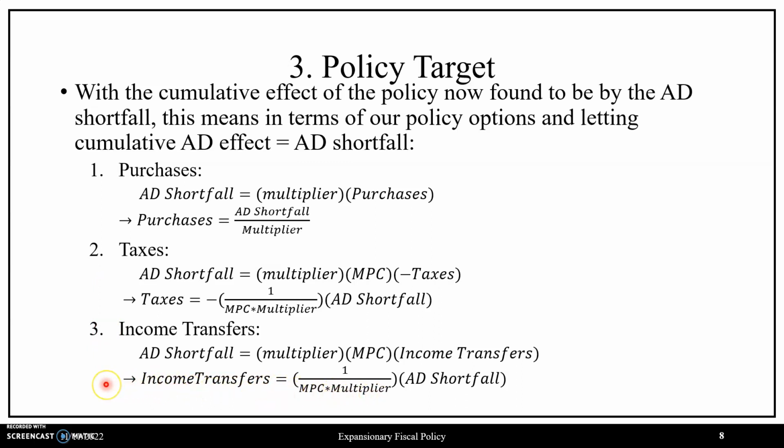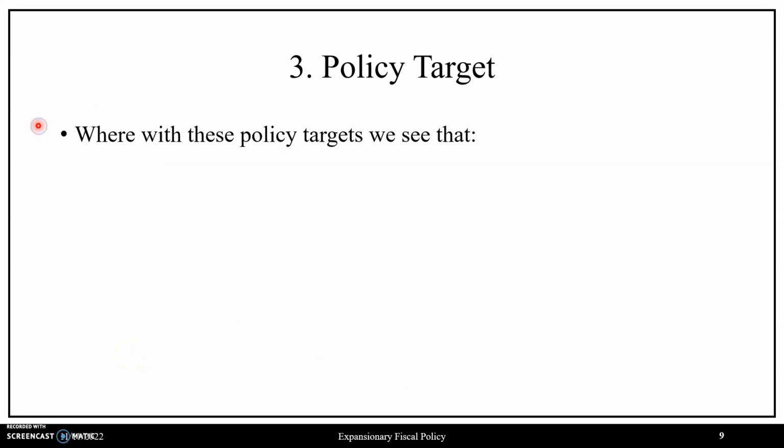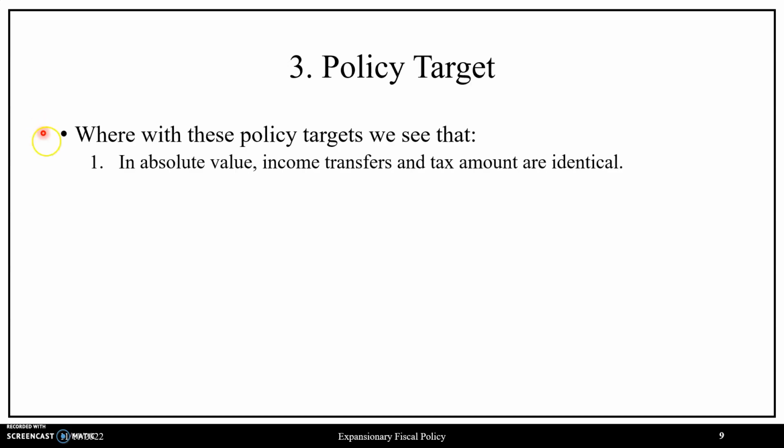If the government were to pursue expansionary fiscal policy in the form of increasing income transfers, they would do so by 1 divided by the MPC scaled by the multiplier, all scaled by the 80 shortfall, such that after the initial increase in aggregate demand and the secondary change in consumption occurs, the cumulative effect of the income transfers will be precisely that of the 80 shortfall. With respect to these amounts, in terms of targeting the cumulative change as the 80 shortfall, we see that in absolute value, income transfers and taxes are identical.